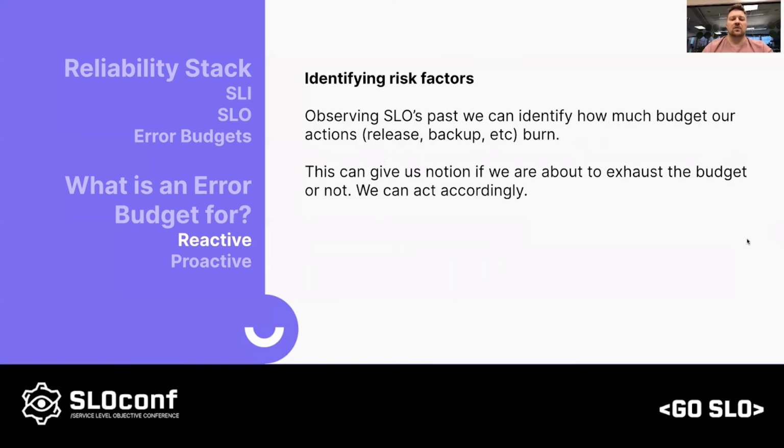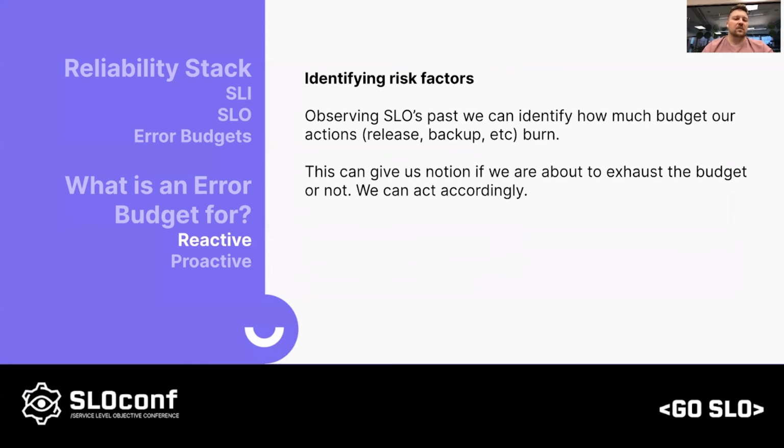Identifying risk factors, another reactive one. Think of hypothetical situation. It's the middle of the calendar-aligned time window. You have 50% of your budget remaining. By observing how your SLO and error budget has been changing over time, you know that your imperfect release procedure burns down 10% per execution.